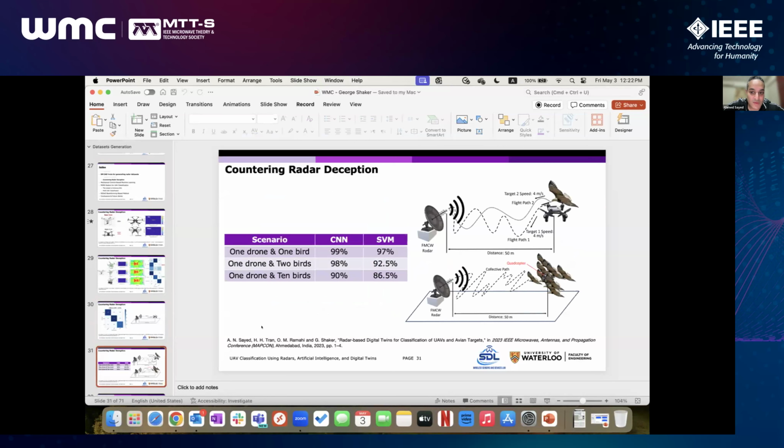Here, for example, for the case when we have a swarm of 10 birds around the drone, the accuracy of the CNN model dropped almost 9%, and for the SVM model it was almost the same value. So we have almost 10% less ability in our system to detect drones in these cases, and if we increase the number of birds, the accuracy will drop more.